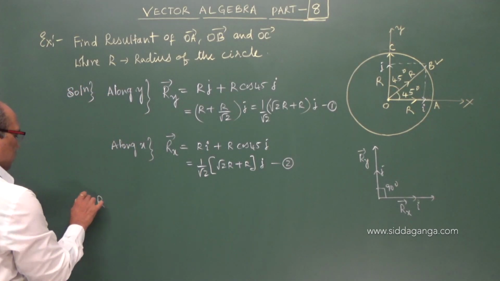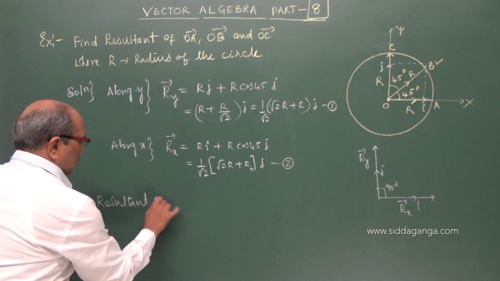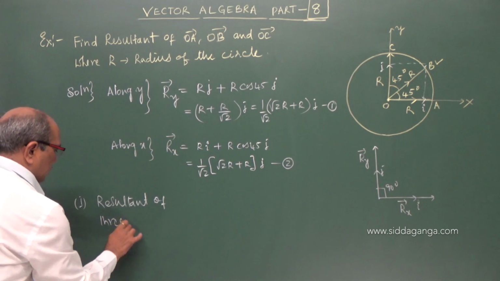Now the main step comes: the resultant of 3 vectors.